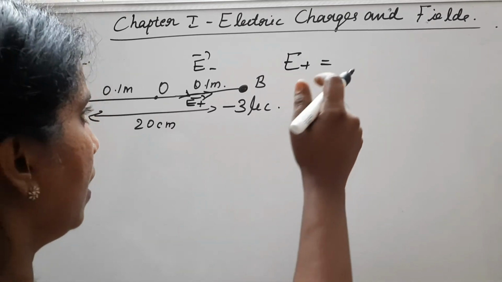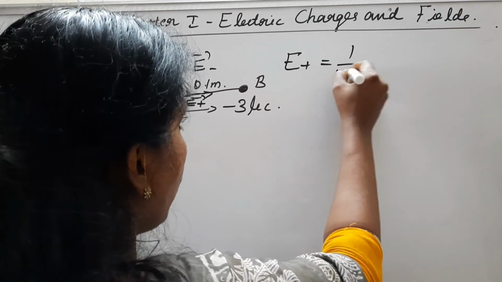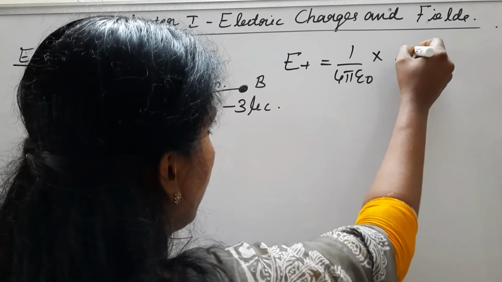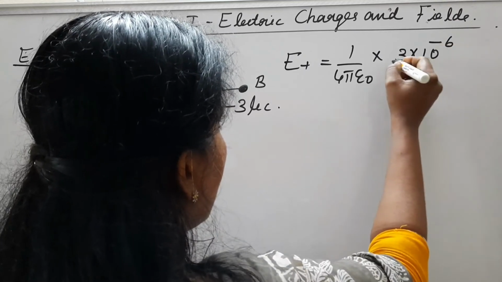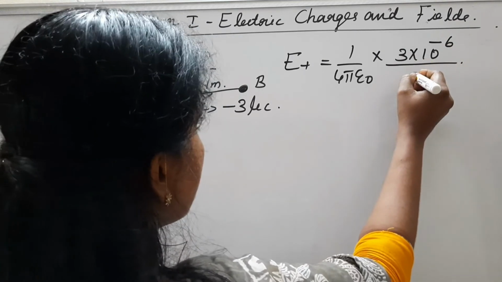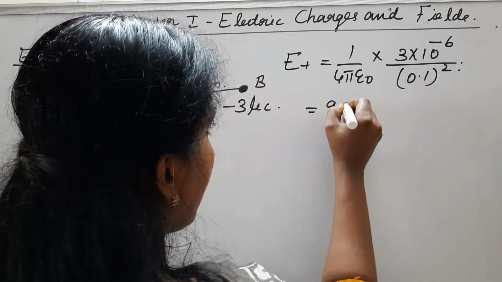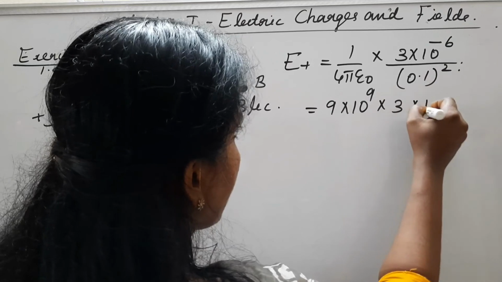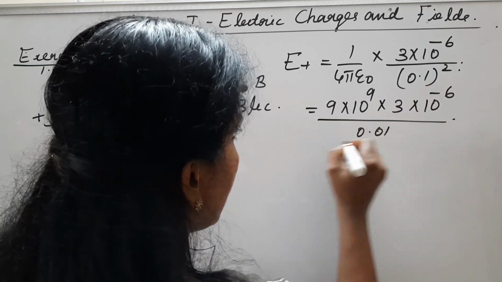So E plus is equal to 1 by 4 pi epsilon 0 into charge, 3 microcoulomb. So 3 into 10 raised to minus 6 divided by that distance 0.1 square. So 9 into 10 raised to 9 into 3 into 10 raised to minus 6 divided by 0.01.